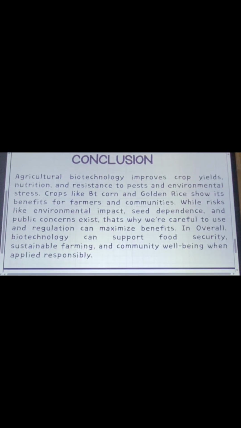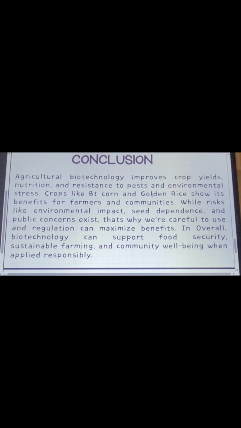Conclusion. Agricultural biotechnology improves crop yields, nutrition, and resistance to pests and environmental stress.